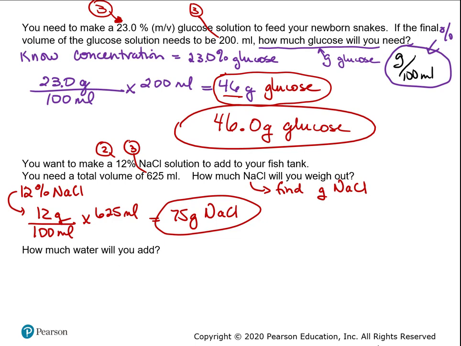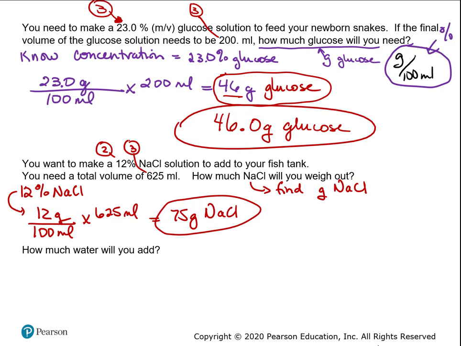The 7 and the 5, those are my 2 significant figures in my answer. And 12% has 2 significant figures, so I'm good. Sometimes you don't have to round, but you always look back at the measured numbers. You always take the lowest number of significant figures in the problem. That's 2 significant figures in 12%, 3 significant figures in 625.